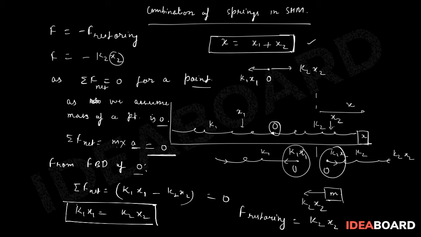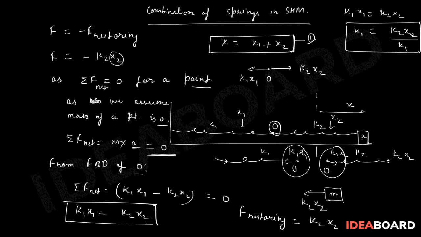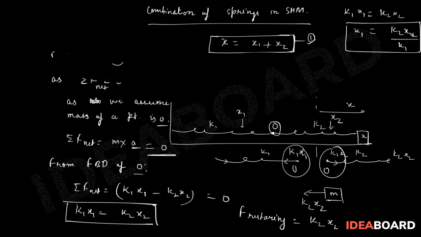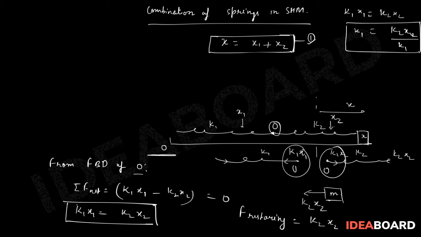From K1 x1 is equal to K2 x2, I can calculate x1, that would be K2 x2 upon K1. Now I can put this value in our equation number 1. So let me remove all this, which I don't need as of now.